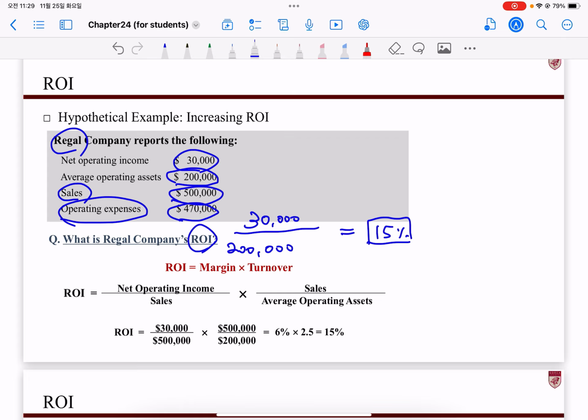We can turn this into the DuPont analysis. The first part is net operating income over sales, and the second part is sales, $500,000, over assets, $200,000. So we can see the profit margin of 6% and asset turnover of 2.5, and multiplying those, we yield 15%.